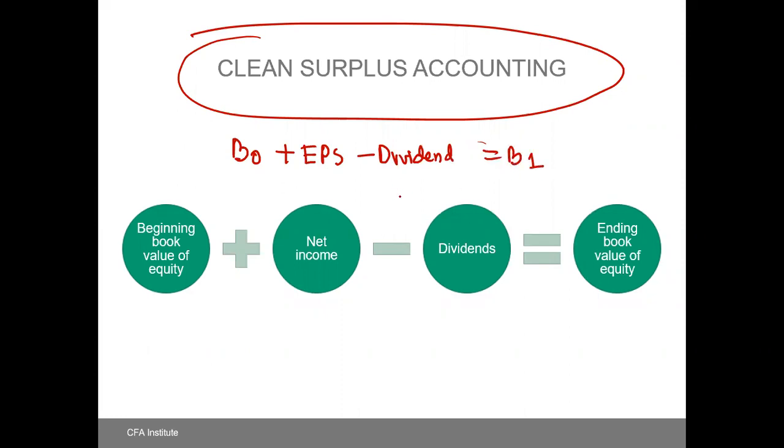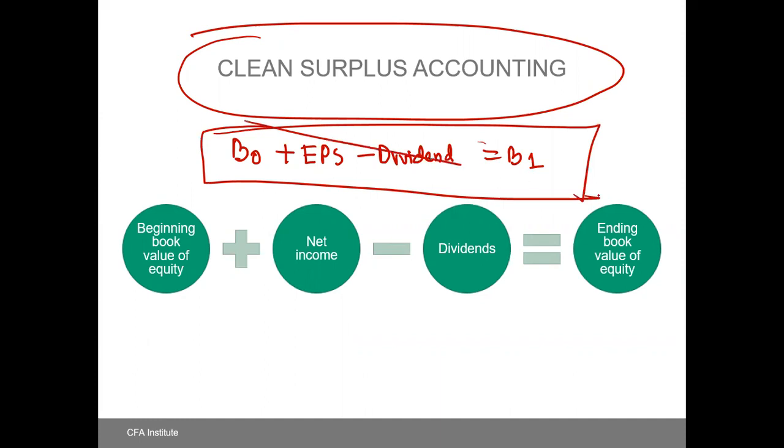But we have a statement of comprehensive income where we add something, which is gain or loss from securities available for sale, or currency translation from foreign subsidiaries. Can you recall this concept? So for these reasons, which are other comprehensive income, this equation does not work.